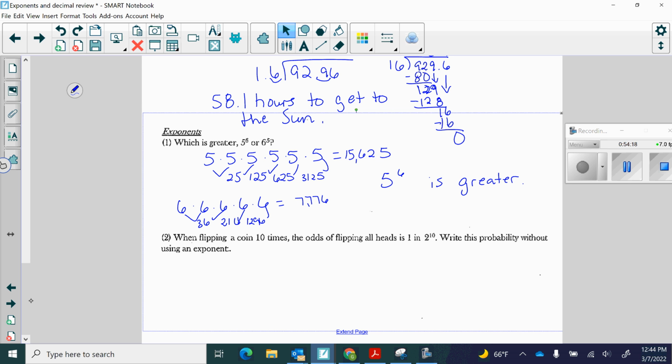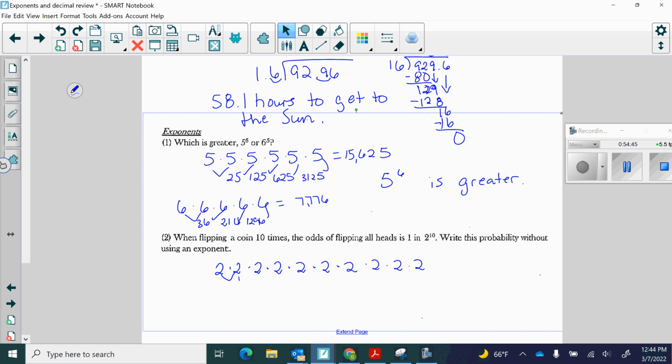And the last one, when flipping a coin 10 times, the odds of flipping all heads is 1 in 2 to the 10th power. Write this probability without using an exponent. So, if we have 2 to the 10th power, 1, 2, 3, 4, 5, 6, 7, 8, 9, 10.